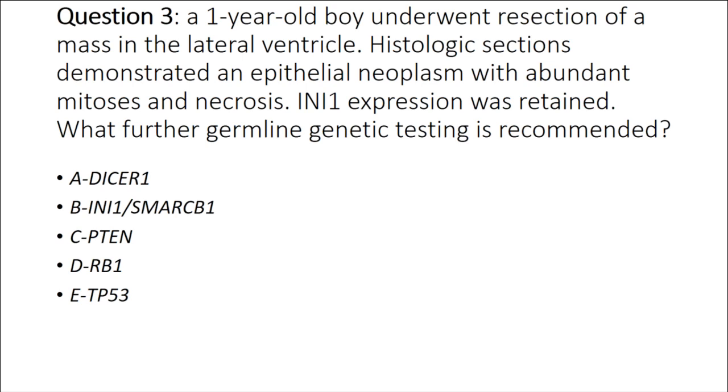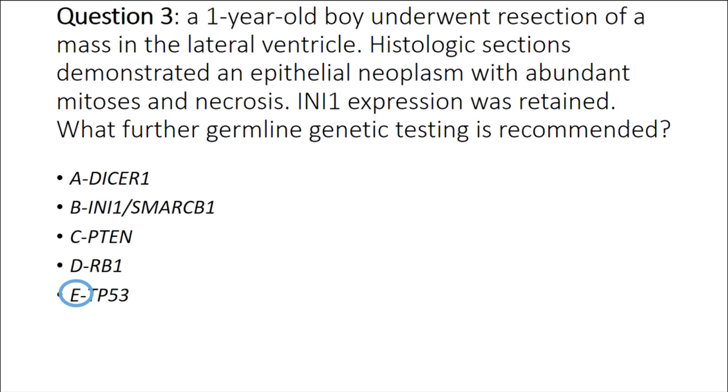Okay. So this one, it looks like it was a tough one. We didn't discuss it very much, but it's actually P53. I was trying to show a correct description of a choroid plexus carcinoma. The negative INI1 was to exclude, of course, ATRT, which is another tumor that may be associated with an inherited predisposition syndrome.